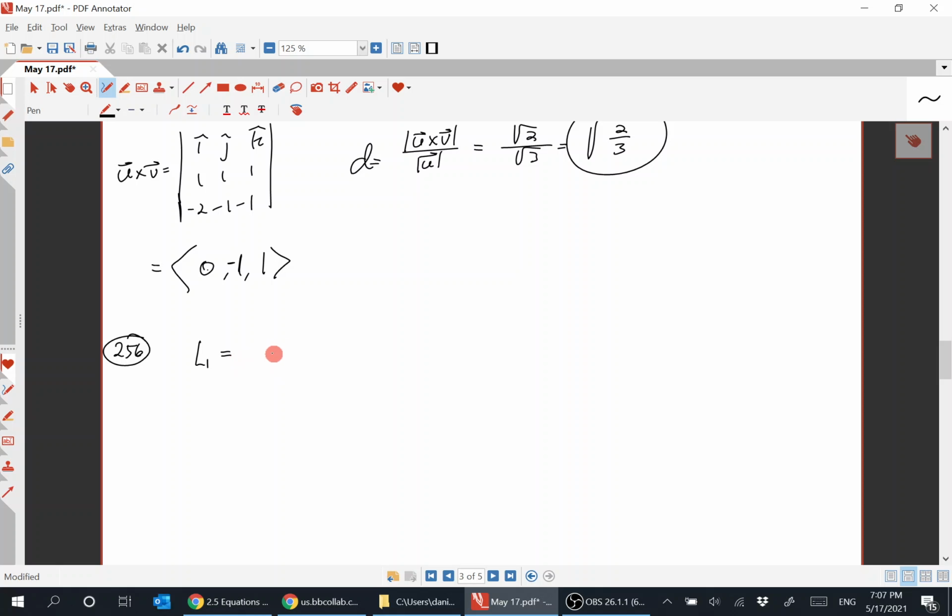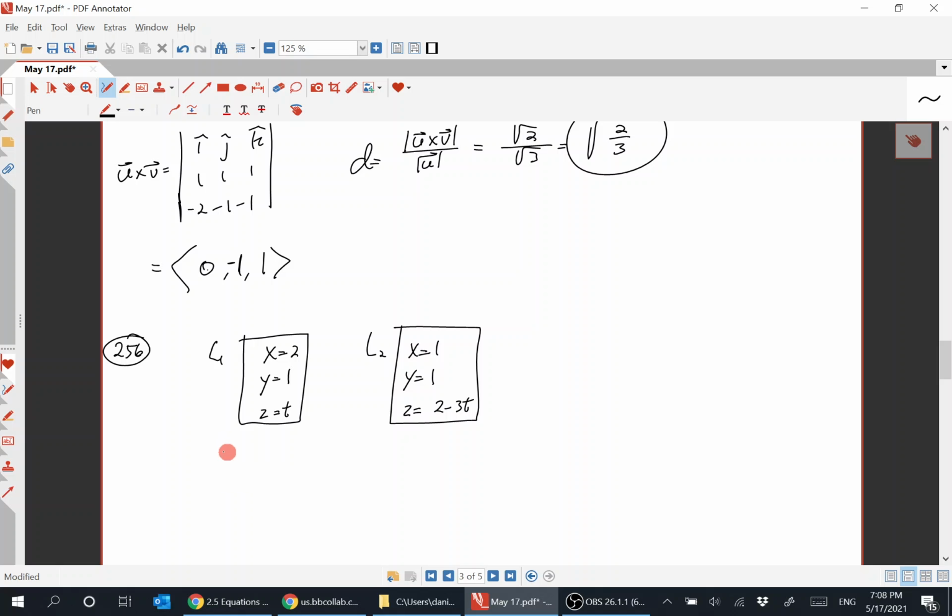X is 2, Y is 1, Z equals T, so that guy is parallel to the Z axis. And L2: X equals 1, Y equals 1, Z equals 2 minus 3T.